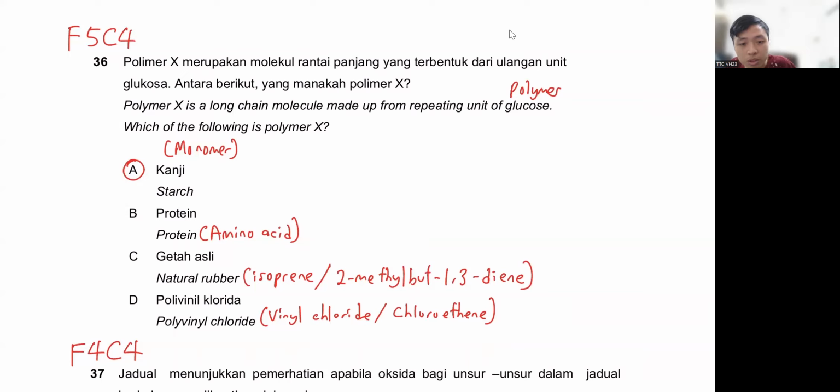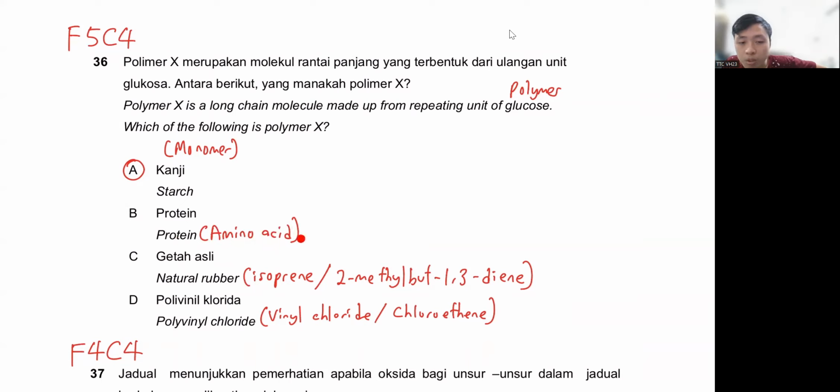Okay, B, amino acid is monomer, protein is polymer.